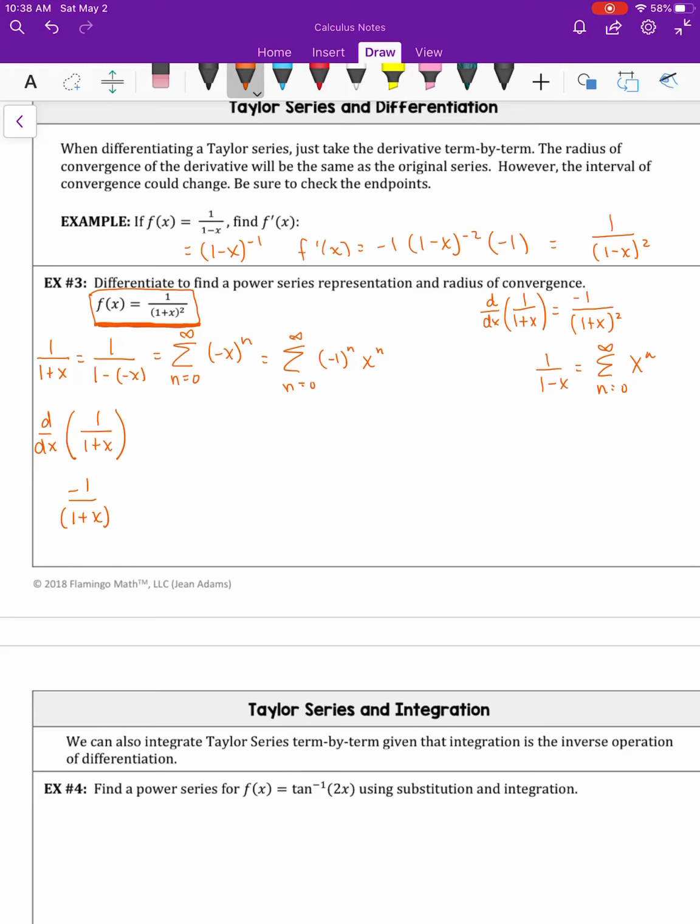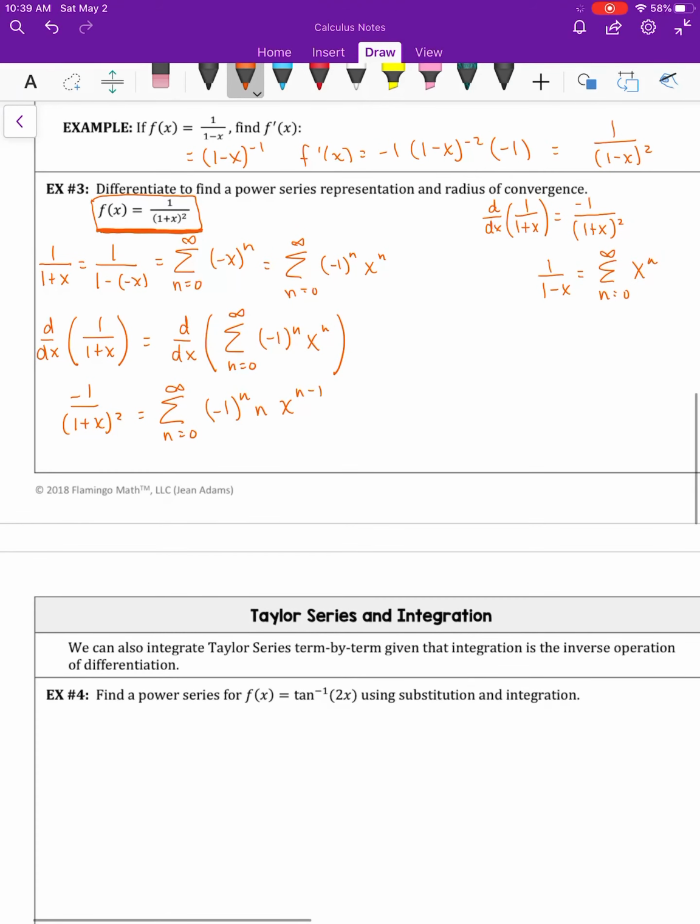So now if we take the derivative of 1 over 1 plus x, which we already have over to the side, we know that that is equivalent to this, but we could find our summation by taking the derivative of that. So this is going to be summation n equals 0 to infinity. Remember that you're taking it with respect to x, and so this is going to be n times x to the n minus 1.